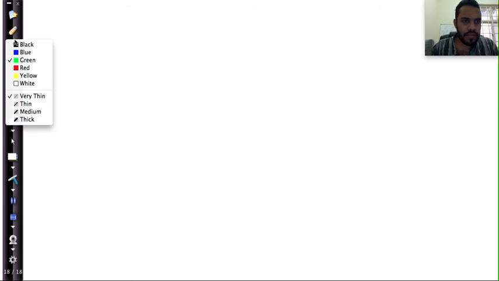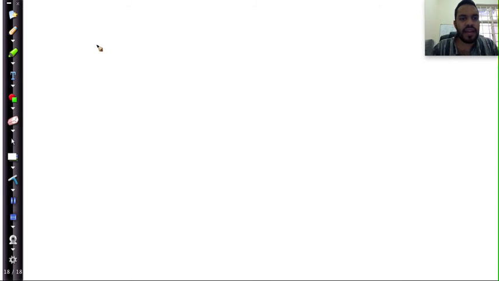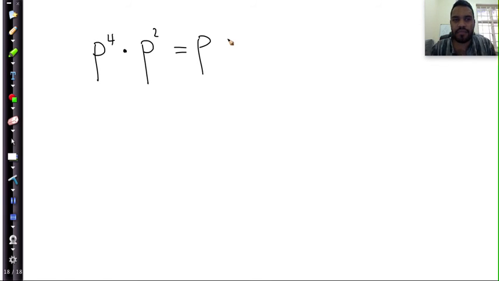Let me use a few examples here. Again, I've got a base p to the power of 4 dot p to the power of 2. This dot over here is exactly the same as the multiplication sign. So the shortcut is to say if the bases are the same, p, and I'm multiplying them, all I need to do is add the exponents. 4 plus 2 is going to give me p to the power of 6.